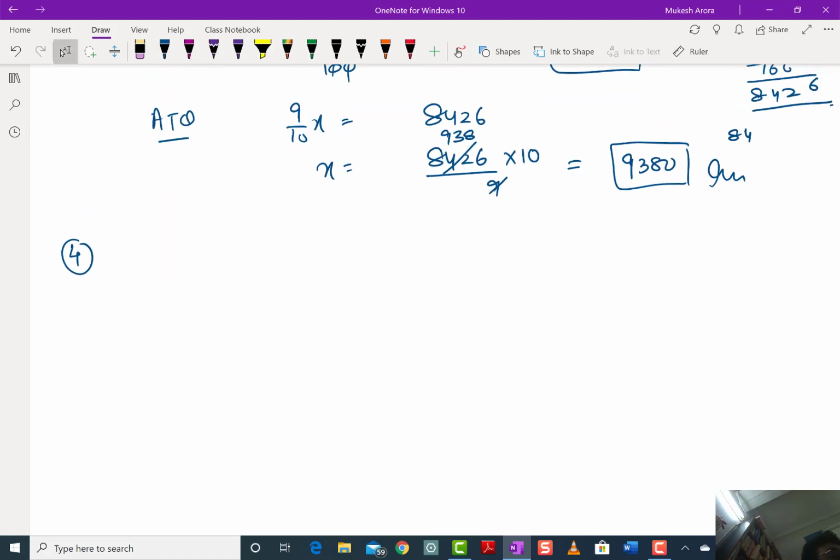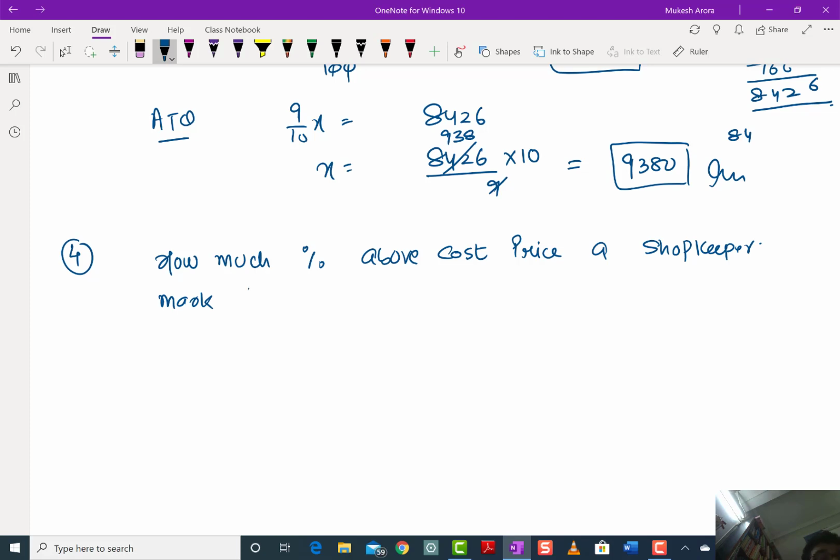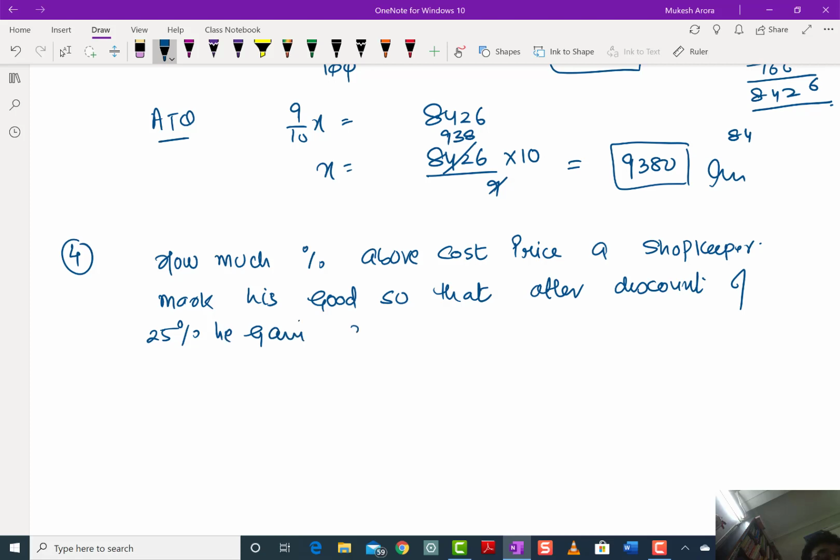How much percent above cost price should a shopkeeper mark his goods so that after a discount of 25% he gained 20%?